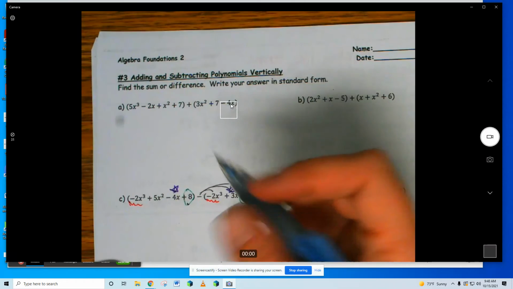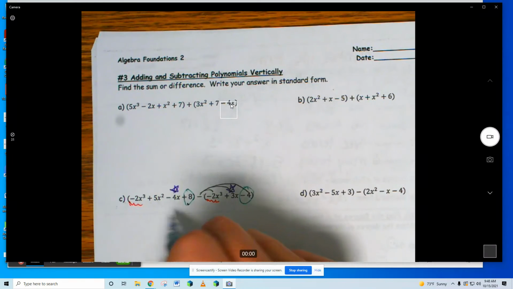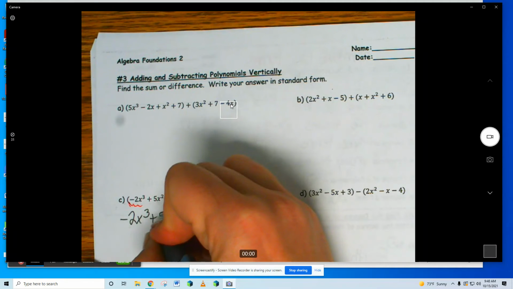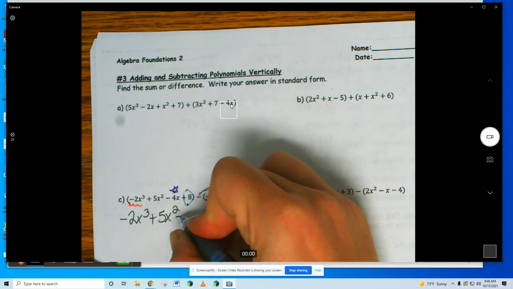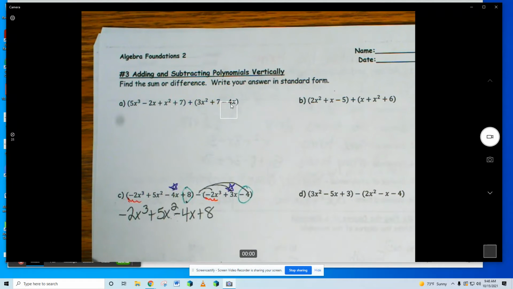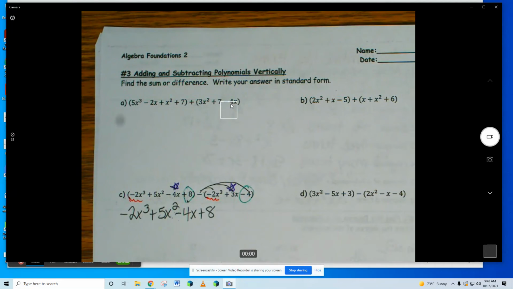The first one, write as is, no changes. Negative 2x cubed plus 5x squared minus 4x plus 8. The first one I wrote as is. Now I have to distribute the negative sign.